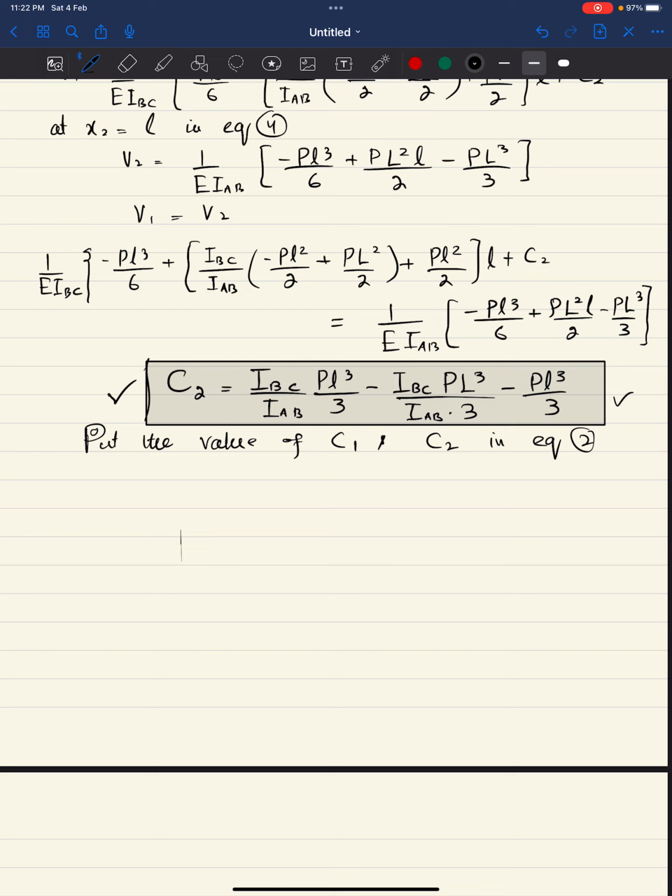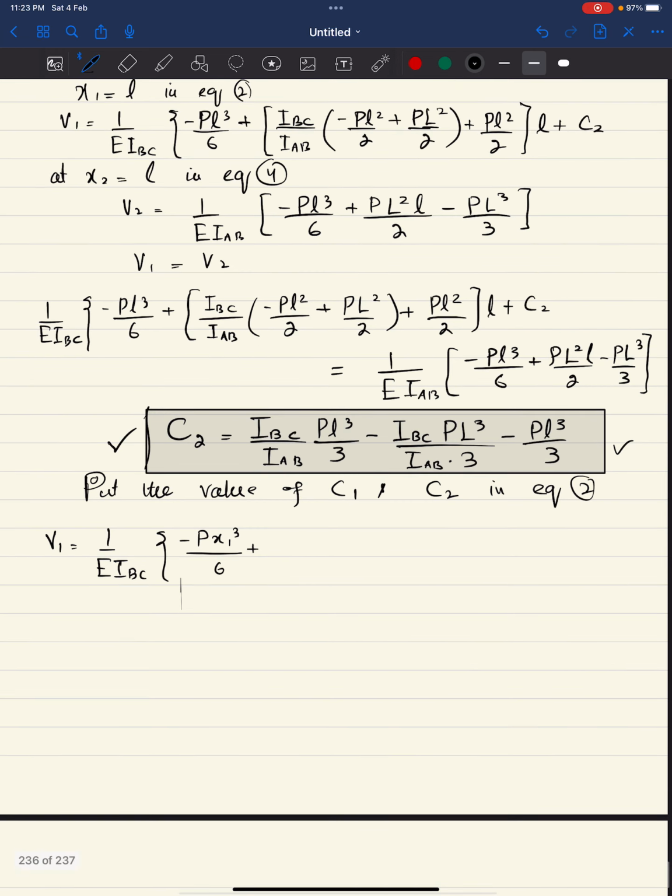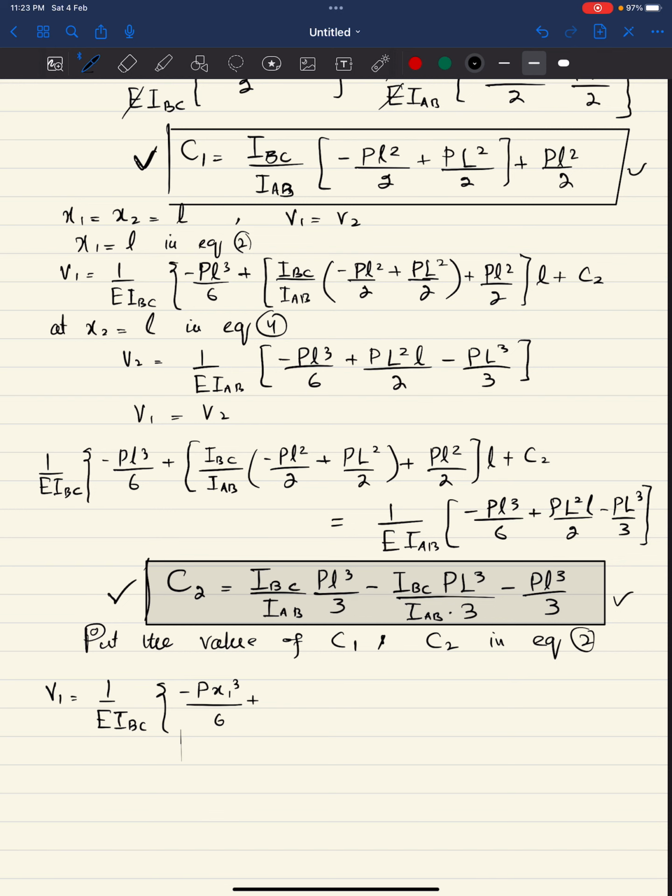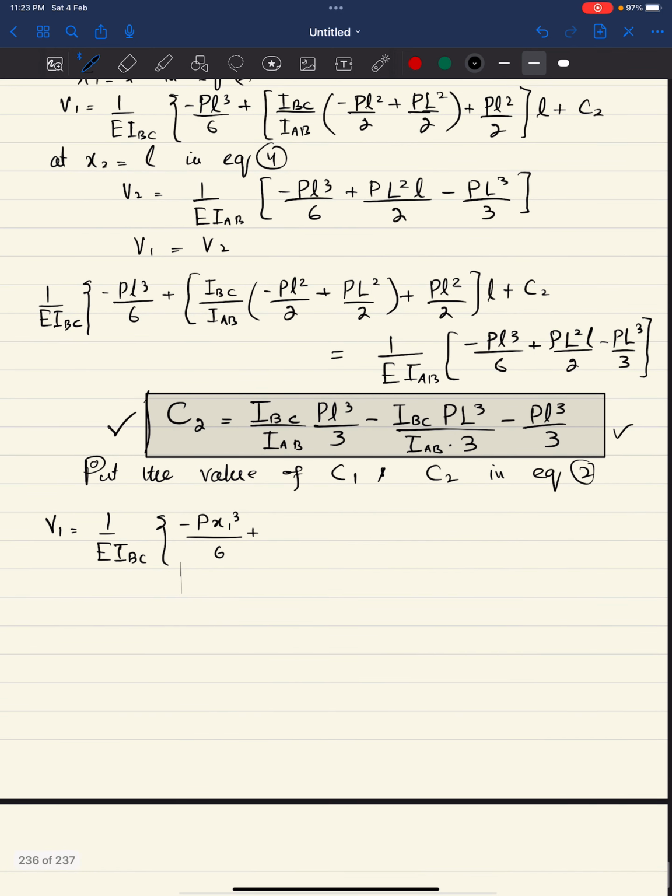So when you put it, you will get V1 is equal to 1 over EIBC, and again you have to put all the values, P into x1 cube over 6 plus C1x. C1 is this one above. So I will write it again, IBC over IAB. Indeed, it's a very lengthy problem, but you have to learn it.